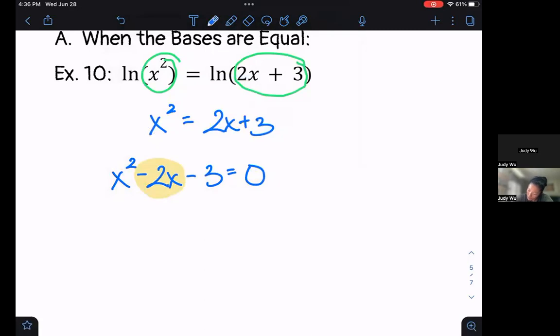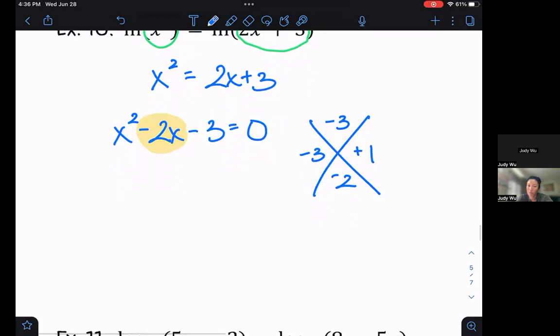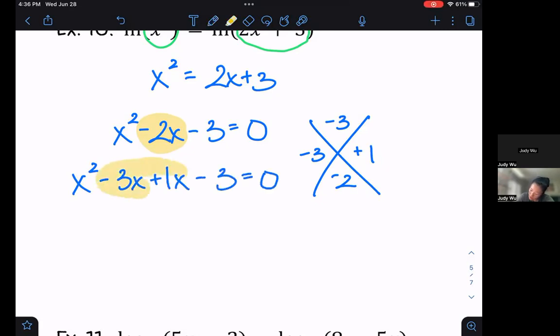So I'm going to do my factoring off to the side, negative 3 and negative 2. Negative 3 times a positive 1 will give me negative 3, and negative 3 plus 1 will give me negative 2. So instead of writing x squared minus 2x minus 3, I can write x squared minus 3x plus 1x minus 3 equals 0. And now I have cleverly split that middle term.